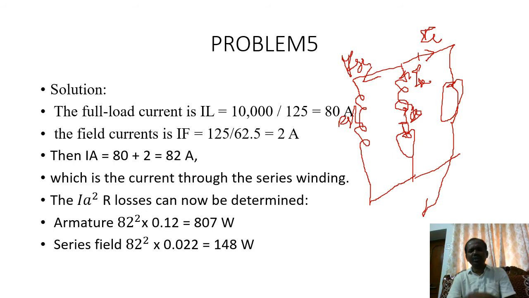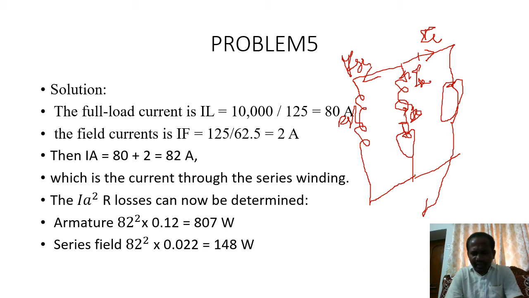In the compound generator, here we are considering long shunt. You can see that this is the armature, which has the armature winding, and some losses occur in this winding, that is armature copper loss. This is the series field. There are also some copper losses, the series field copper loss. In this shunt field also some loss occurs, shunt field copper loss. When we give the prime mover mechanical energy, the rotational energy, the rotational losses are given in the problem.